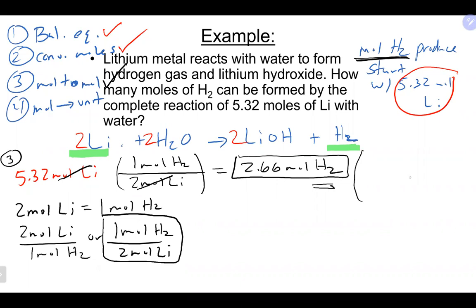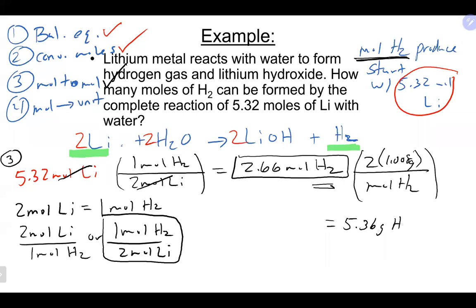Which if you go to the periodic table, did not ask you to do it in this problem, would be 2 times 1.008 grams per mole, basically 2.016. And if we did want it, out of curiosity, it would be something like 5.36 grams of hydrogen, but we weren't really asked for it. We could stop at that point.